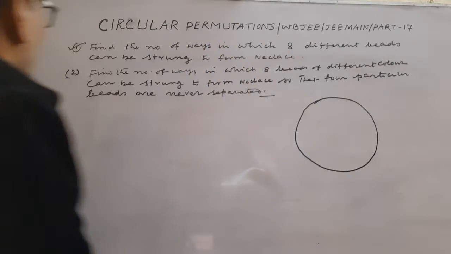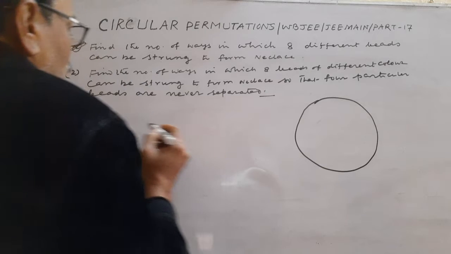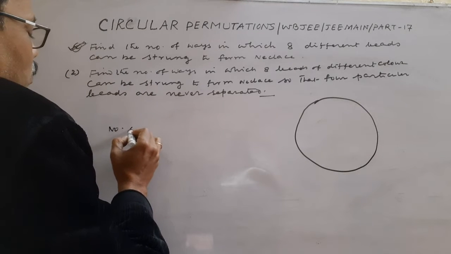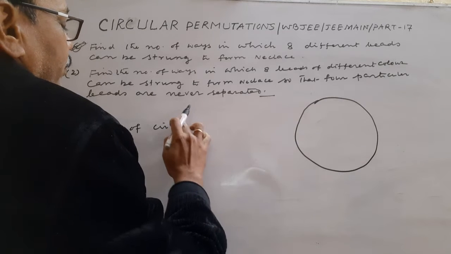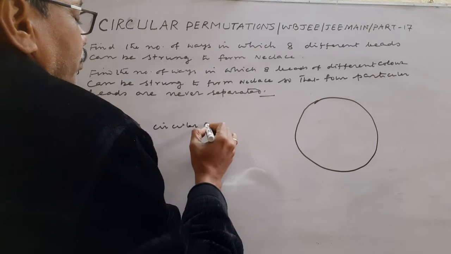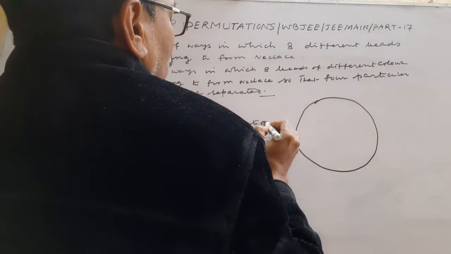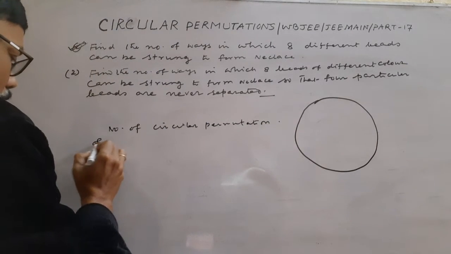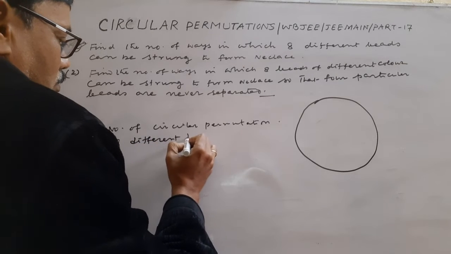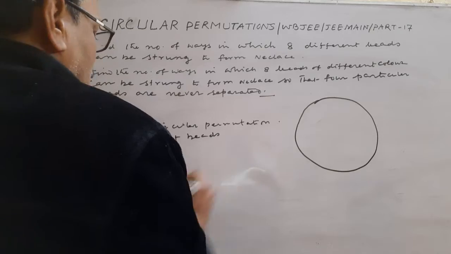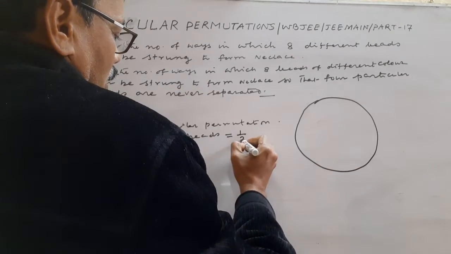So the number of circular permutations of 8 different beads equals, what is our formula?